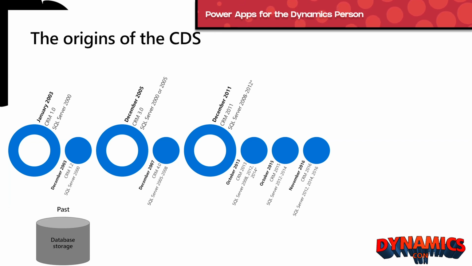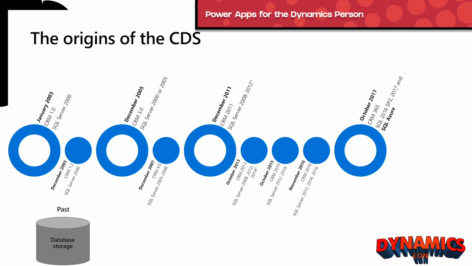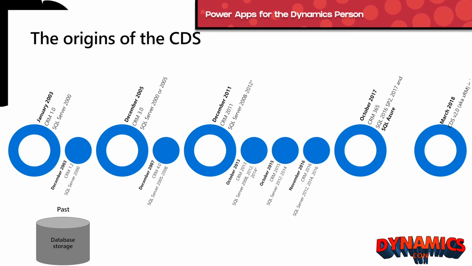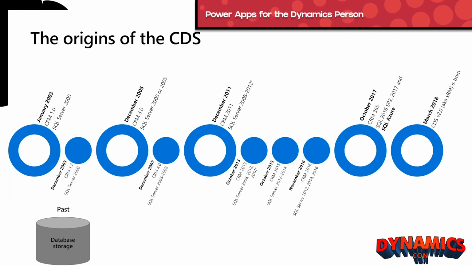Let's just make that the Common Data Service. So that's what happened in late 2017, and CDS 2.0 happened in 2018, and that's really where we are today. So if you're using Power Apps with the Common Data Service or Power Automate using Common Data Service, it's the exact same platform as Dynamics 365.